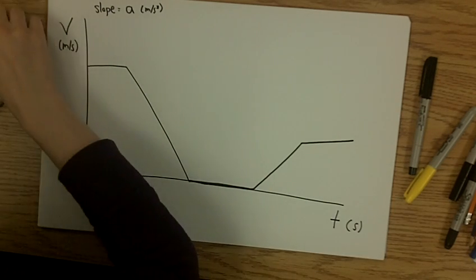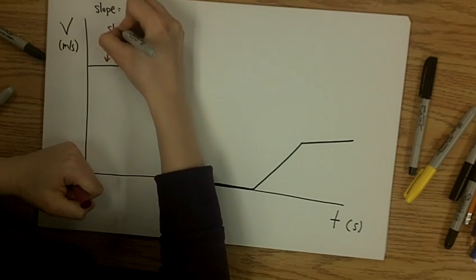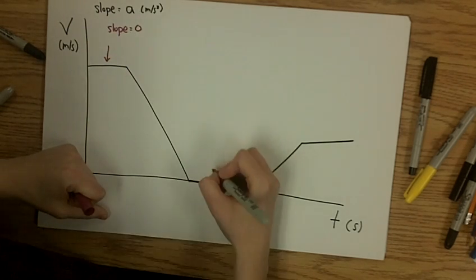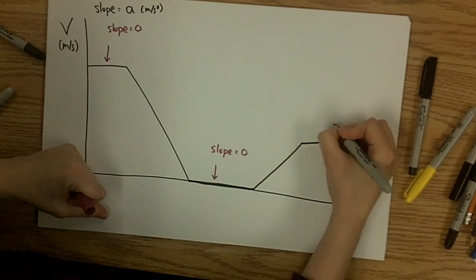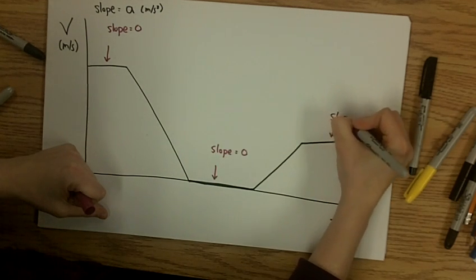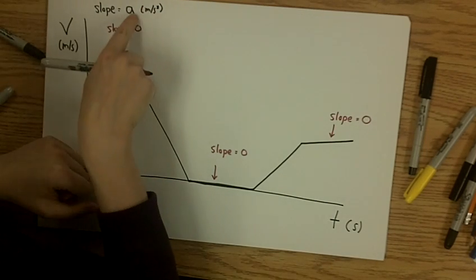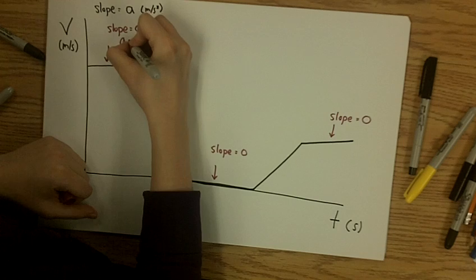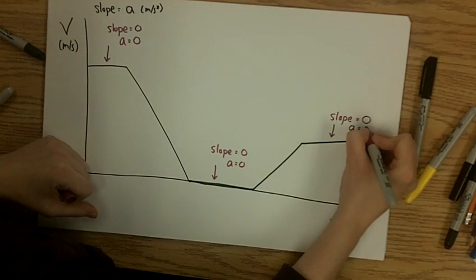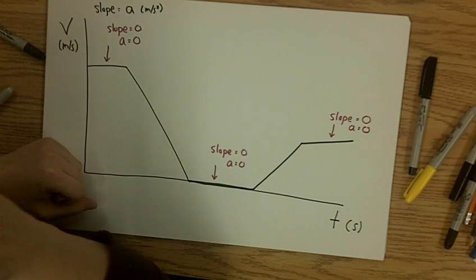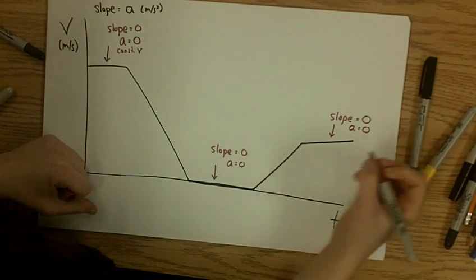Whenever you encounter a flat line, this is still a line that has a slope of 0. Whenever we have a slope of 0, we have acceleration of 0, which means it's not accelerating if it's flat. Or we have what we call constant speed.